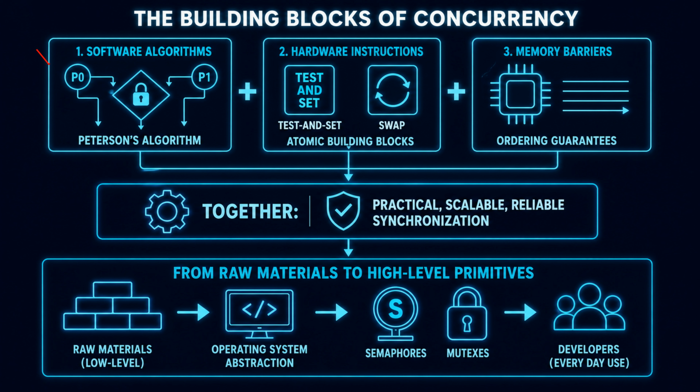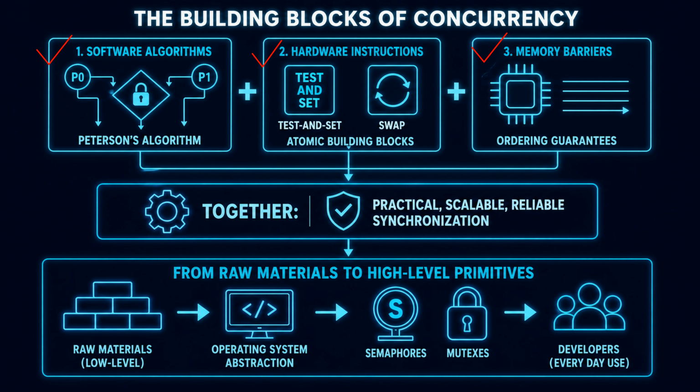Software algorithms like Peterson's algorithm taught us the logic of mutual exclusion. Hardware instructions like test and set and swap gave us fast atomic building blocks. Memory barriers then added ordering guarantees for modern processors that aggressively optimize execution. Together, these mechanisms make real-world synchronization practical, scalable, and reliable.